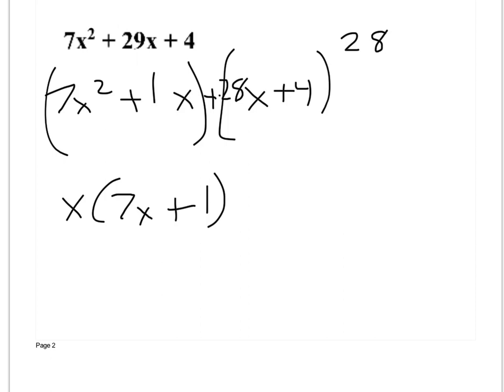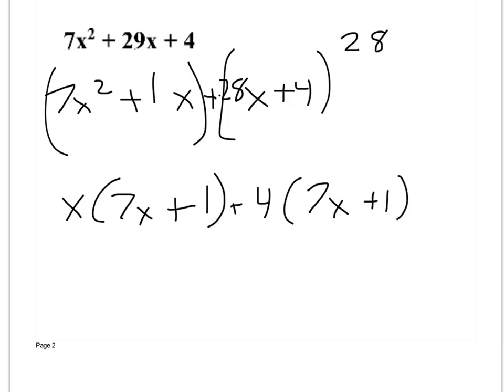What can I take out of 28x and 4? 4. What's left when I take 28 divided by 4? 7. What about x? X. And when I take 4 divided by 4, what do I get? 1.